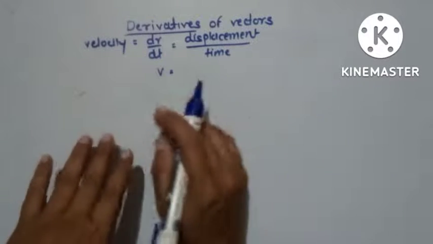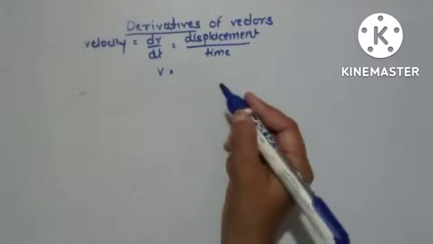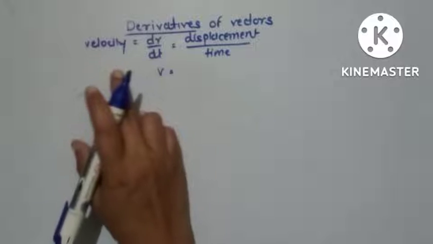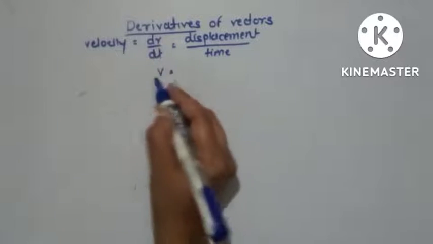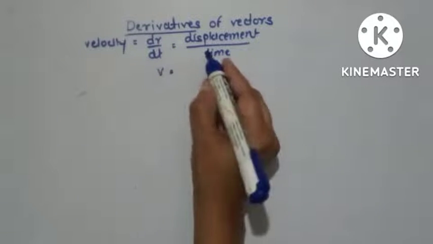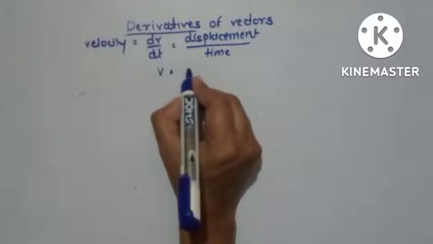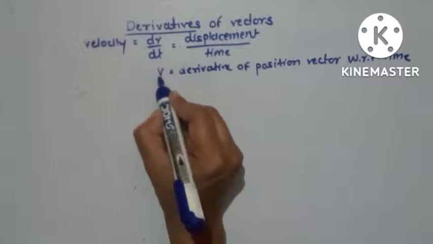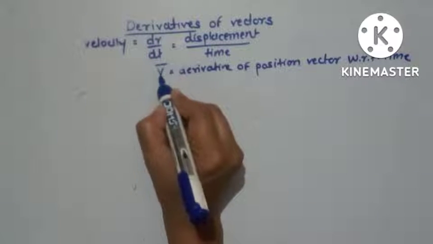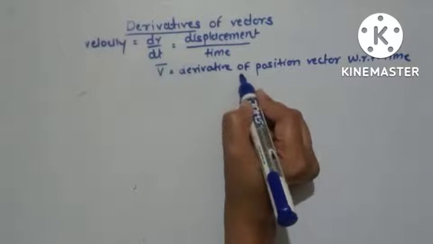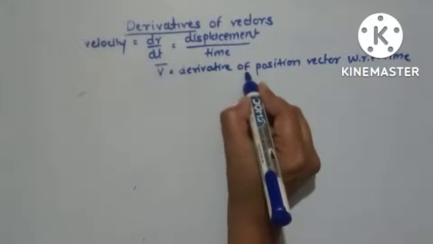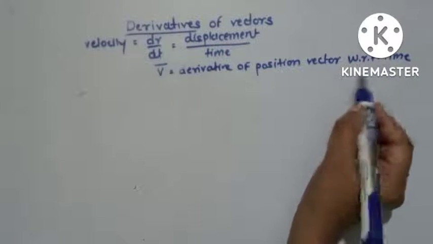So in physics there are many quantities which depend on other physical quantities, and that is mathematically represented by this derivative. For example, velocity is a derivative of the position vector with respect to time.